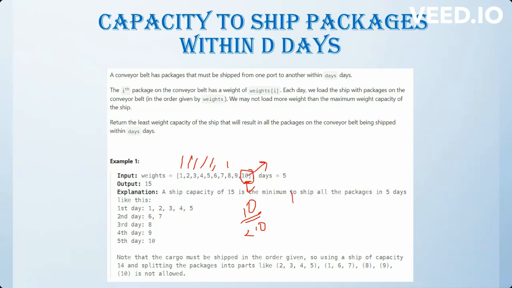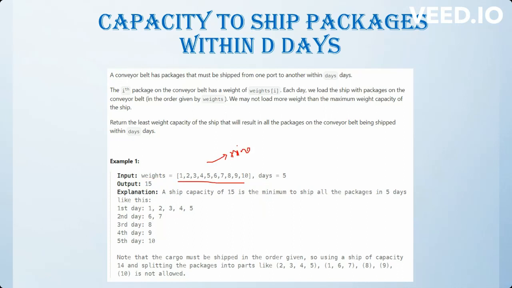I hope you can understand what I'm going to say. If this maximum weight is less than this maximum, then we can't send this package itself. So at least the weight should be the maximum, or else we can send all these packages in a single day.